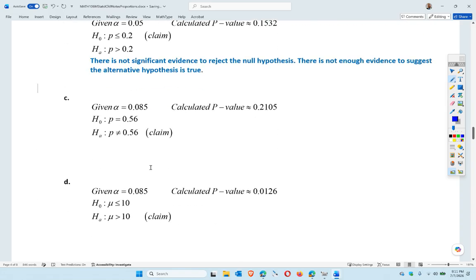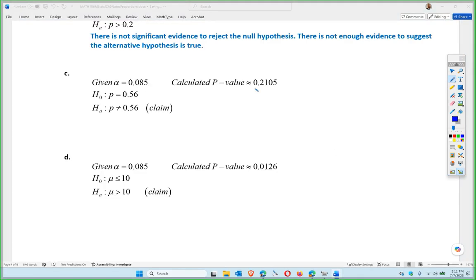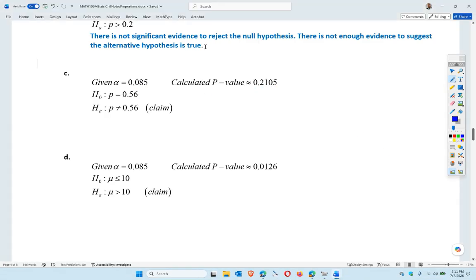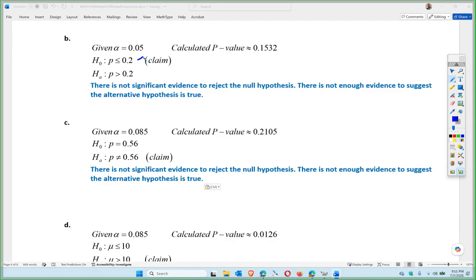That's the same for mean, proportion, or anything else you're doing a hypothesis test for. So, does that change for a two-tailed test? No, it doesn't. Here the p-value is more than the alpha, so therefore there's not enough evidence. Does it matter whether you are personally claiming the null hypothesis or the alternative hypothesis, what you believe?